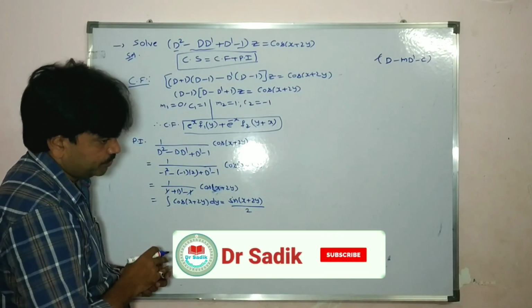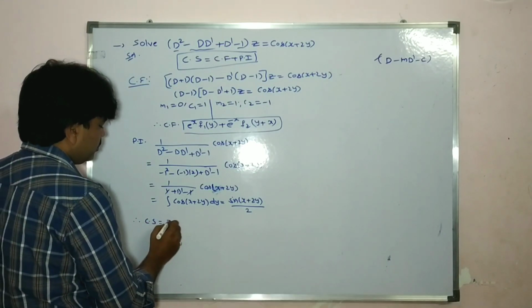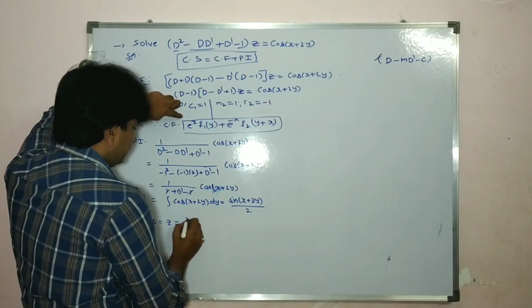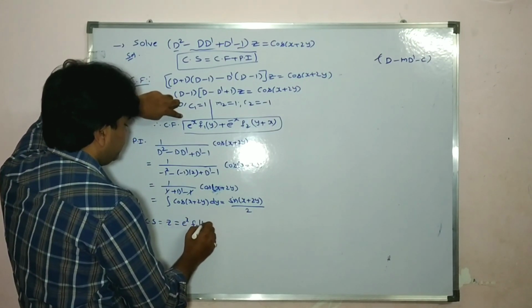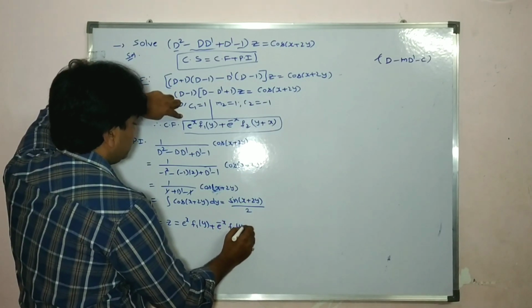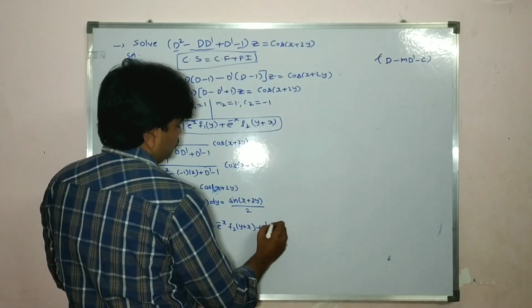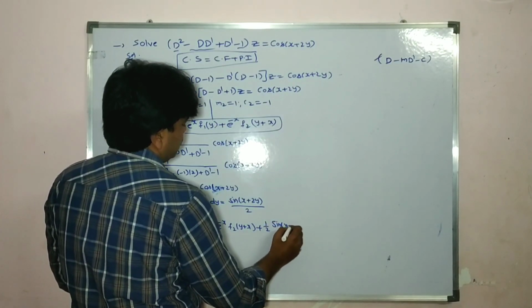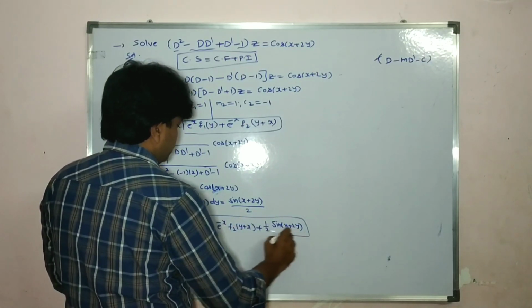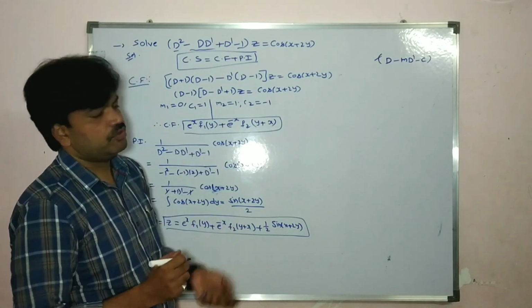Therefore, what is the complete solution students? z is equal to complementary function e power x f1 of y plus e power minus x f2 of y plus x, plus 1 by 2 sin of x plus 2y. This is the required solution of the given problem students.